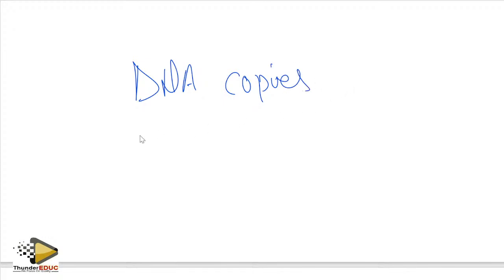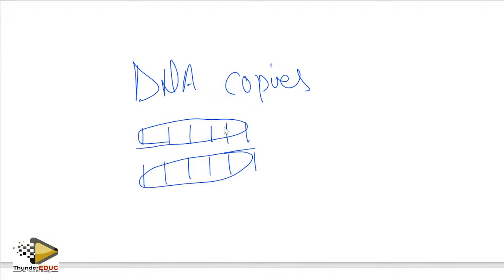So if, for example, I have this strand, I will have the new DNA which is exactly the same. DNA A and DNA B must be the same.